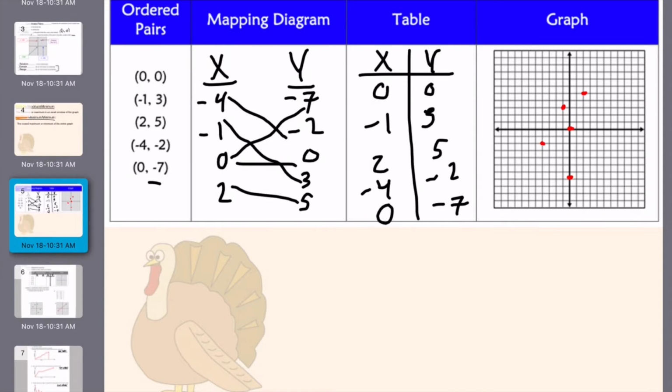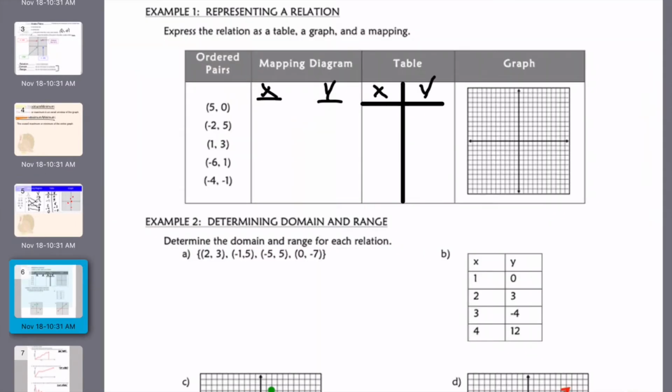So we have another example. Express the relation as a table, a graph, and a mapping. So what I'm going to do is take all of my points. I'm actually going to write them in ascending order, so from least to greatest. So -6, -4, -2, 1, and 5.